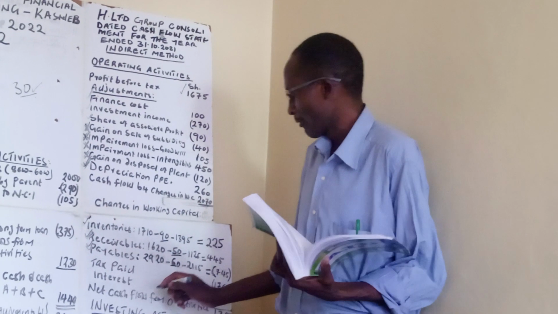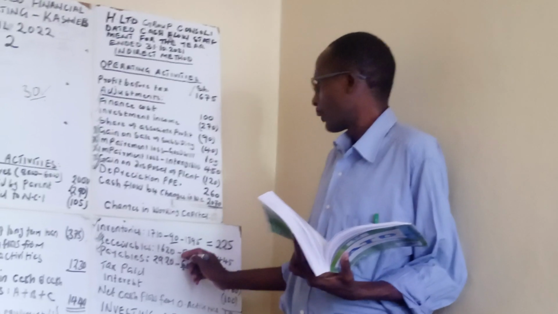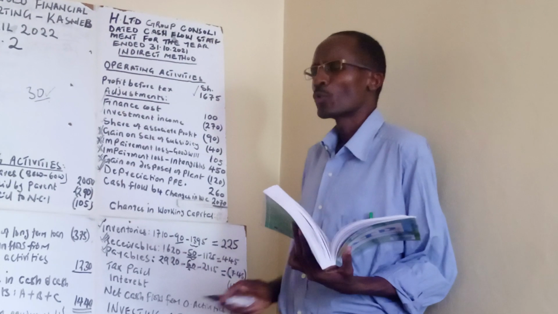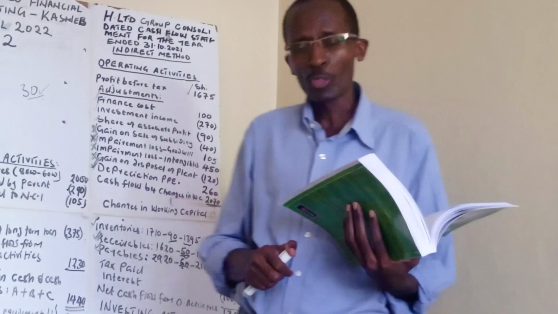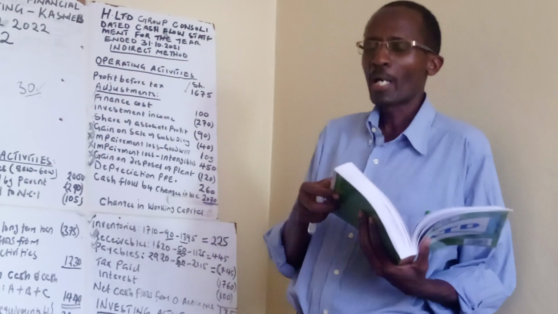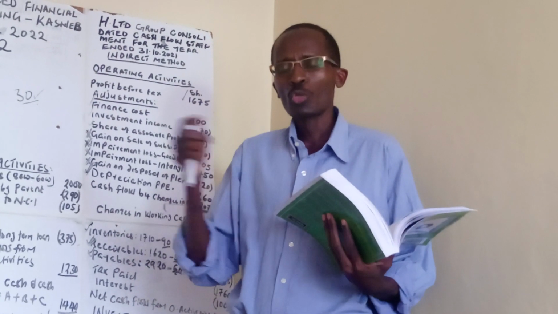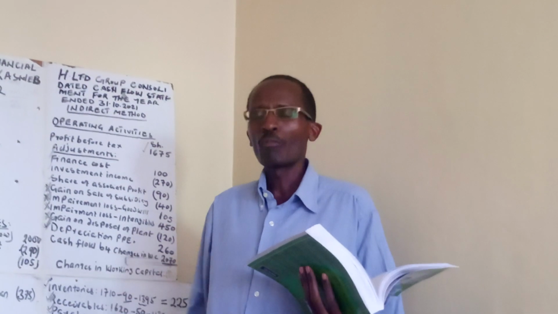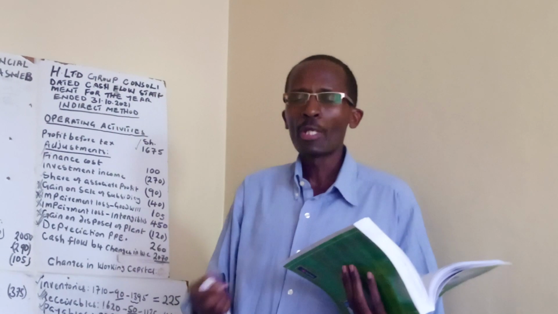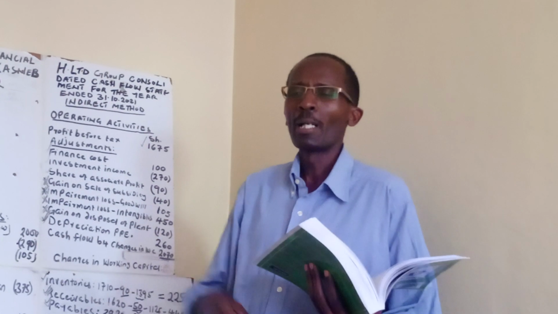Most of you find challenges in dealing with the items which are in the books of the subsidiary which has been disposed. So always when you are doing the group accounts, try to look at whether there was an acquisition of a group member or a disposal of a group member, and then you do the adjustments accordingly.